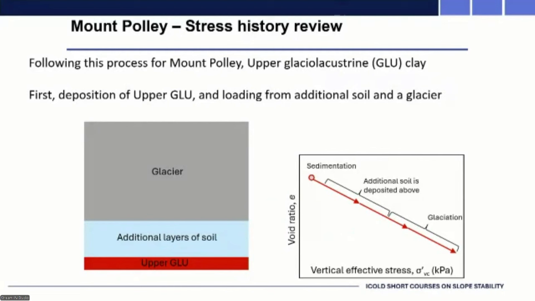Then you had additional layers of transported soils being deposited, maybe a pretty large glacier. The right-hand figure shows initial sedimentation, accumulation, glaciation, etc. Now you've got this layer at significant depth subjected to very large vertical effective stresses, compressing to a high density.